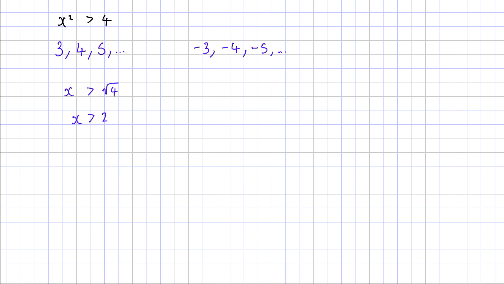Now I'm going to write another inequality here. So another quadratic inequality. I will try and solve this one. So we can have x squared minus 5x minus 14 is less than 0. So I need to find values of x where when I calculate this it should be less than 0.